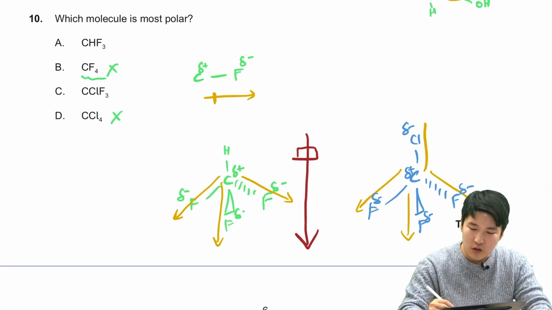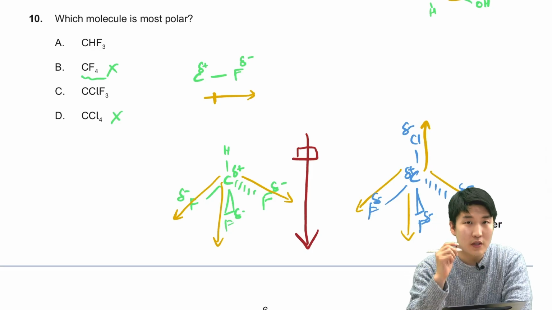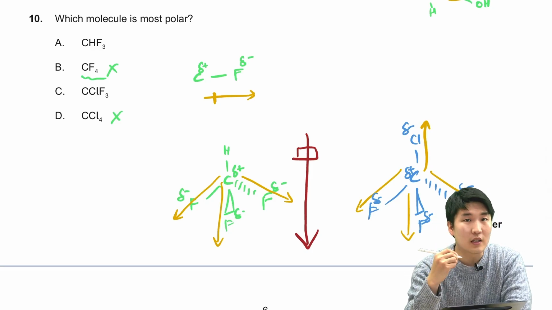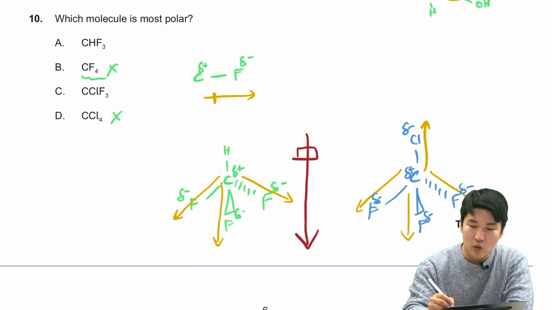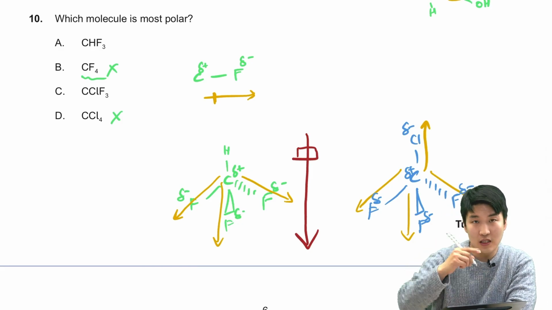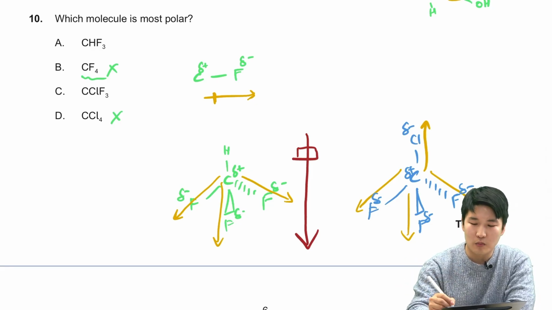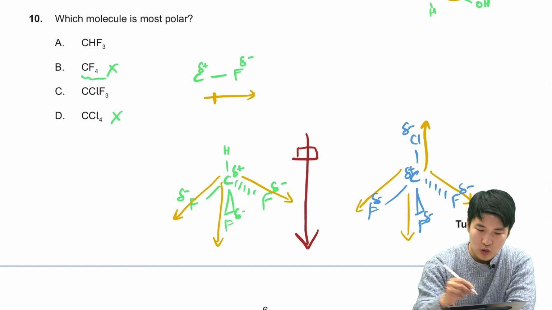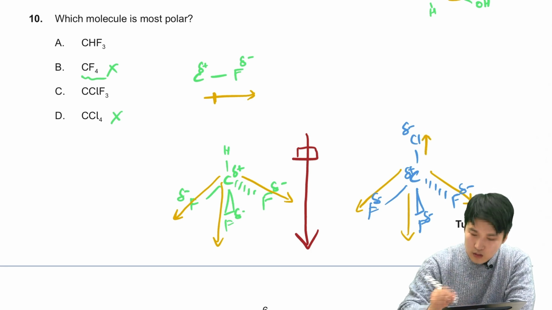The introduction of an additional dipole, although this dipole moment is weaker than the 3 dipole moments from CF bonds. So in order to illustrate how the CCl dipole moment is weaker than CF dipole moment, I'm going to draw the arrow to be smaller.